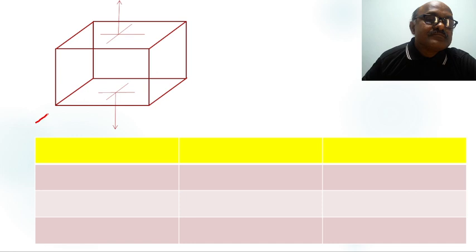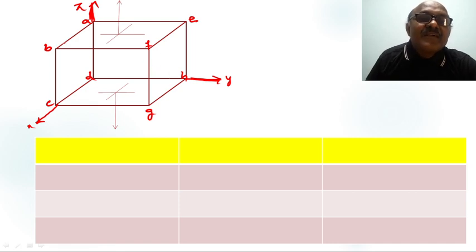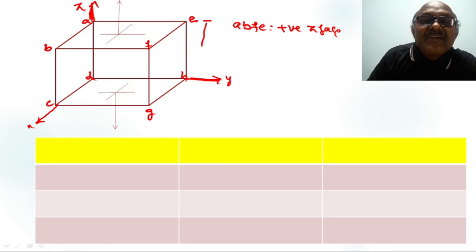Similar fashion, now coming to the z face. Now this is the x axis, this is the y axis, now this is the z axis, my dear students. Here is A, B, C, D, here is E, F, G, H. All of you see, my dear students, this face A, B, F, E is the positive z face because it is at a distance of dz from the origin.